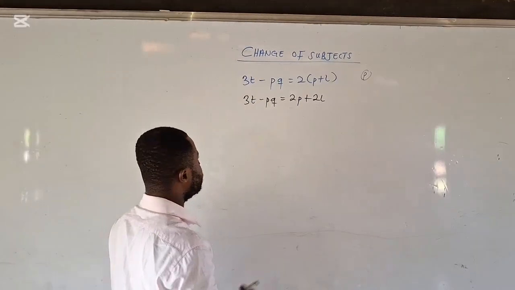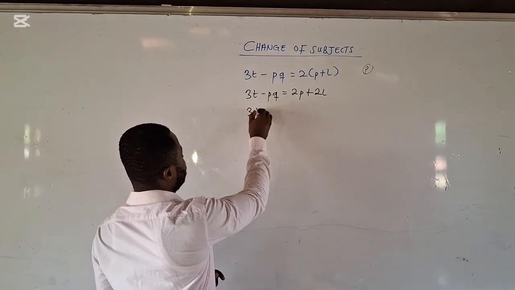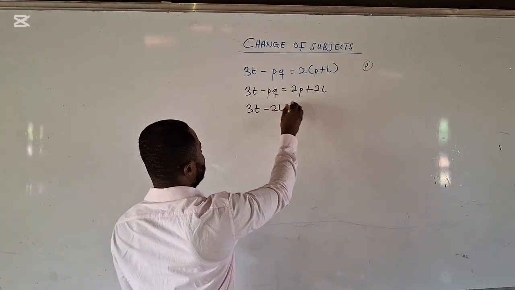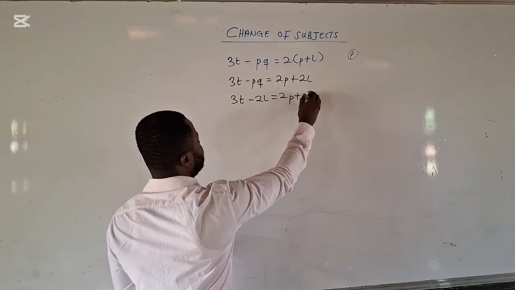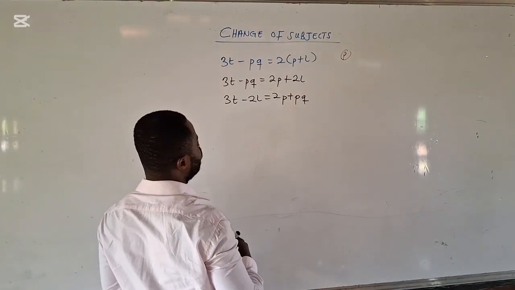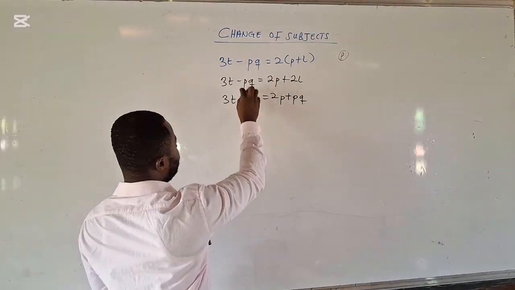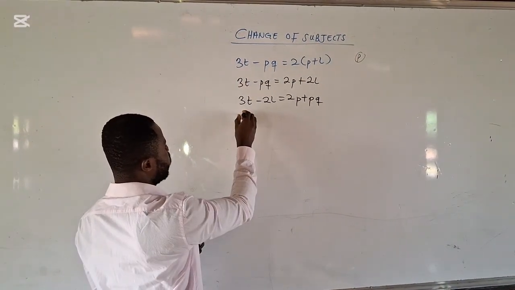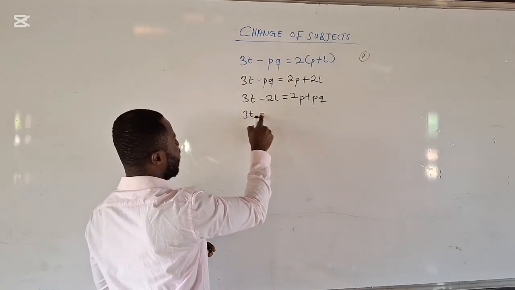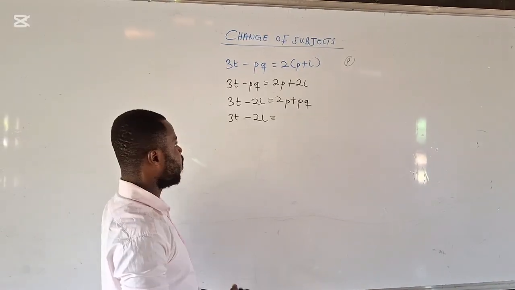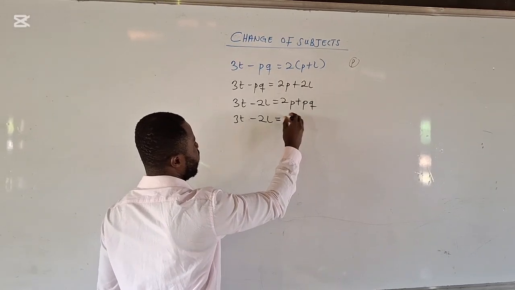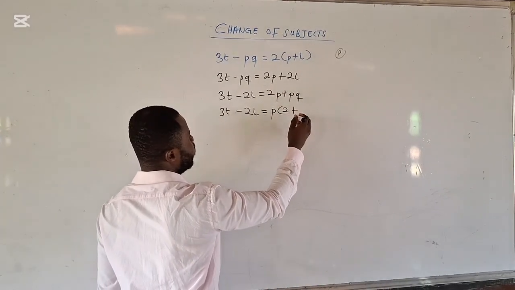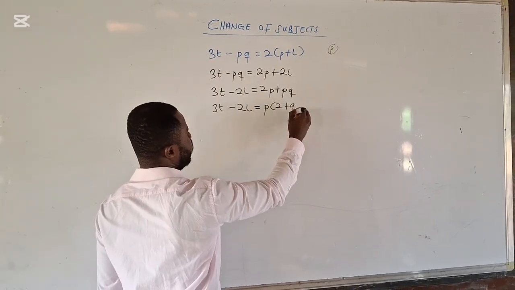In grouping the p's, now we have 3t, then the minus 2L will come, then 2p plus pq. This coming here will be positive. When we bring this one here, we have 2 negatives, which will make our workings a little difficult. Now that we have p at both sides, we have to factorize the p out. When p cancels 2p, we have the 2 here, plus p cancels here, we have our q.